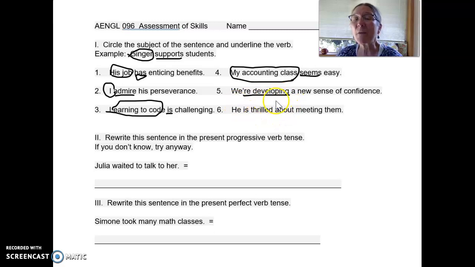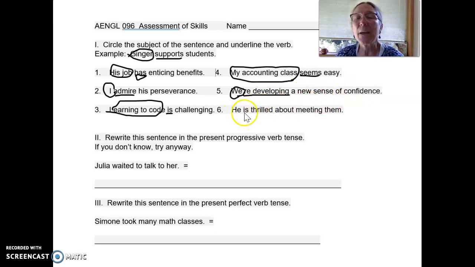If you change we're developing to we developed when you put it in the past, that whole thing is the present progressive, right? Or the present continuous. Alrighty, to find the subject, let's say who or what is developing, and the answer is we. There it is. Circle the subject. All right, a new sense of confidence. There's the noun complement. All righty, we're cruising.